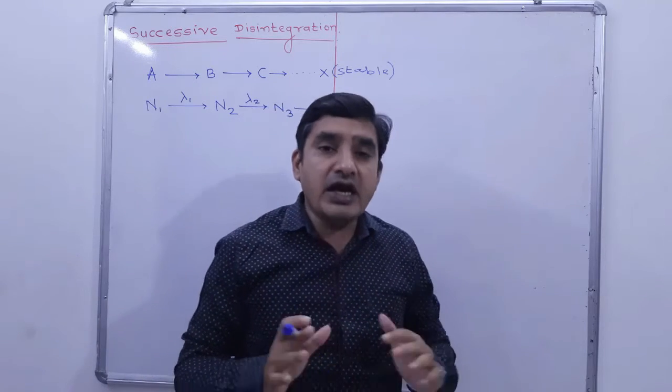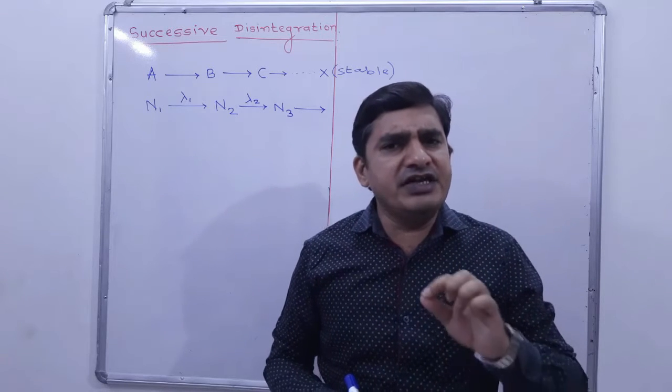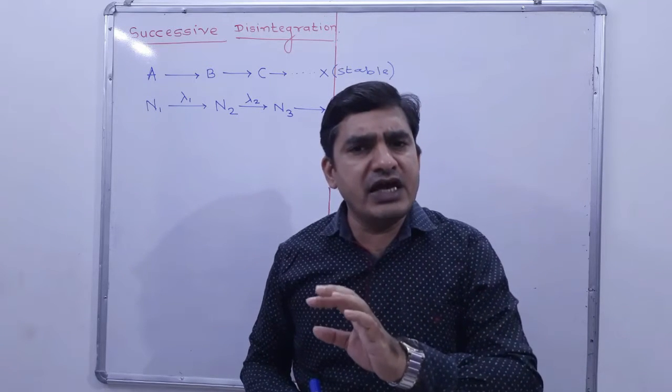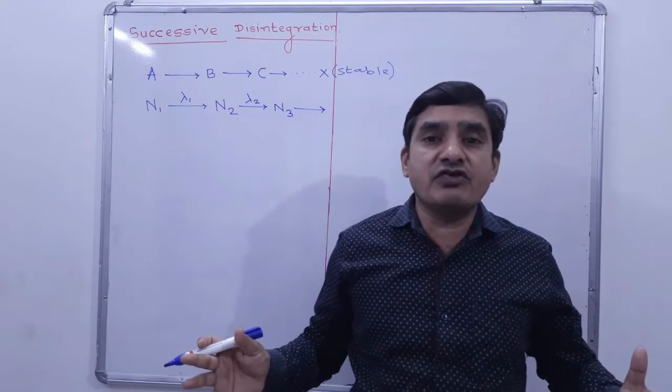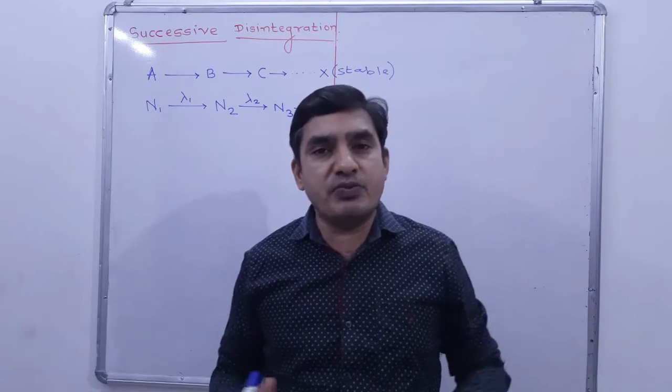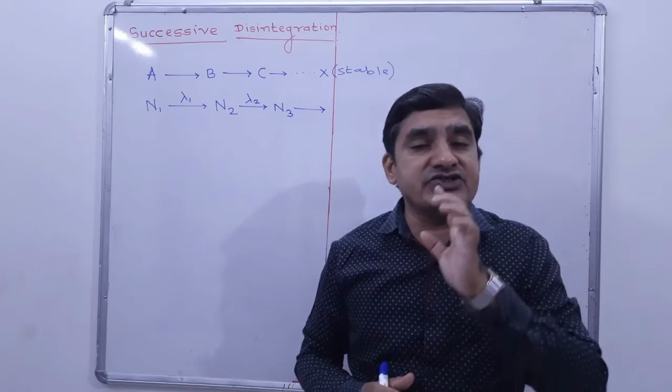Now, according to the law of radioactive decay, the rate of disintegration of radioactive nuclei is directly proportional to the number of radioactive nuclei present at that instant.